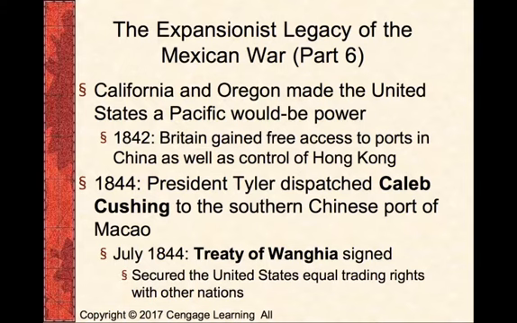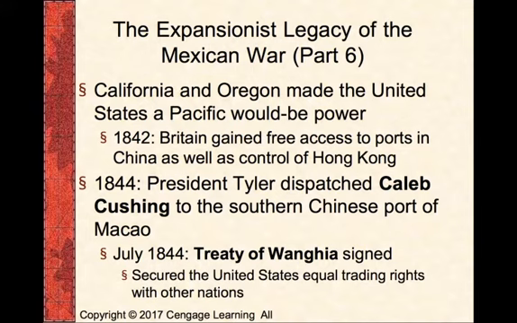Oregon and California made the United States a would-be Pacific power. In 1842, Britain gained free access to ports in China as well as control of Hong Kong. And so that left the United States also wanting to get into Asia as well.